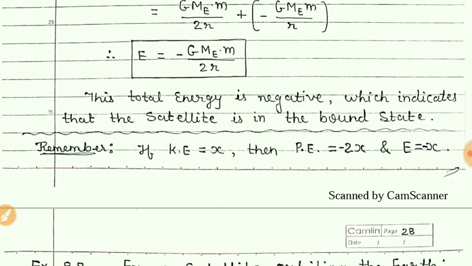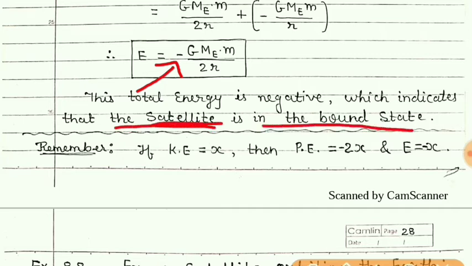So students, here the total energy is obtained negative, and that indicates that the satellite is bound to the earth, or it is in a bound state. Because if the total energy is positive, then the satellite is no more bound to the earth. It is free from the gravitational force of the earth.